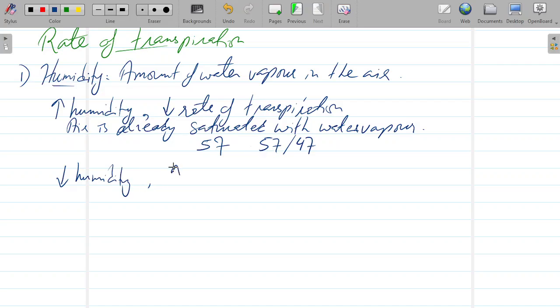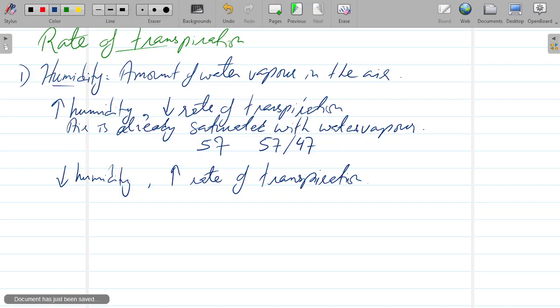And so you will have a comparatively increased rate of transpiration, and for the opposite reasons, because there isn't as much water vapor in the air, the water vapor evaporating from the leaf is easily accepted. So there is a diffusion gradient.